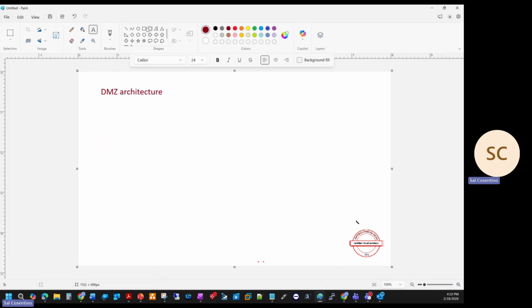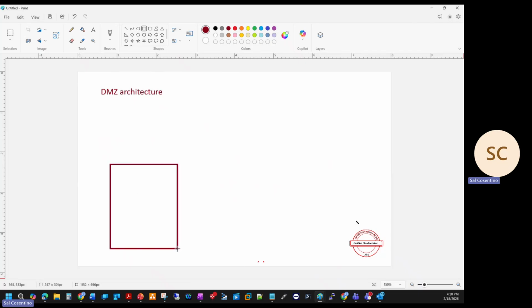And as we were designing here before, so you have an internal system in place, and that's private, or an internal network that's private.